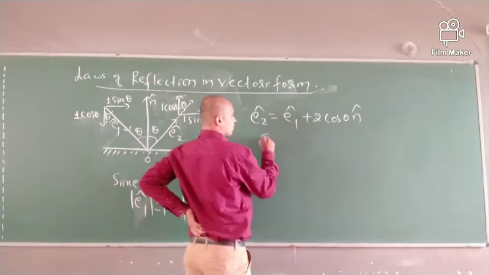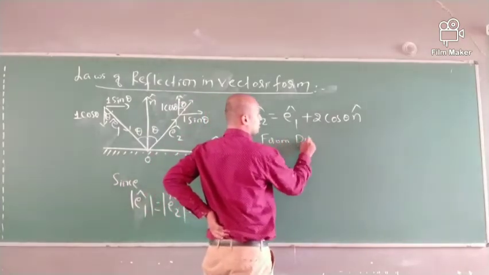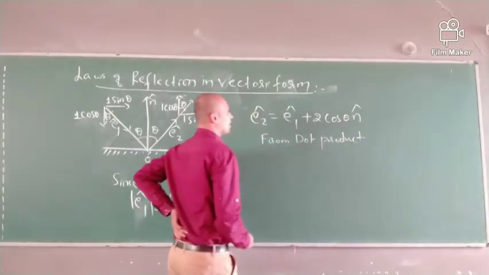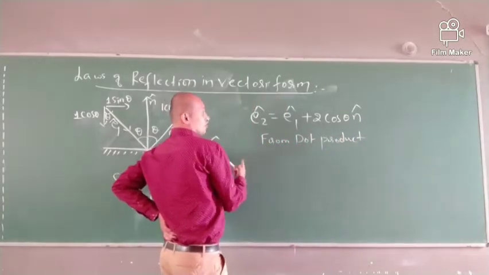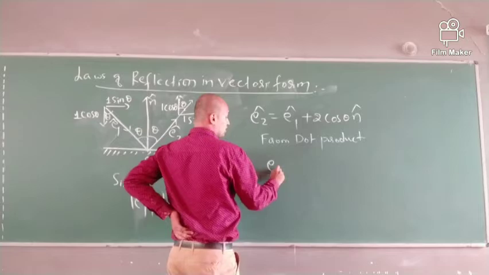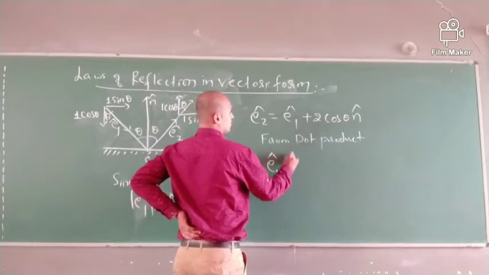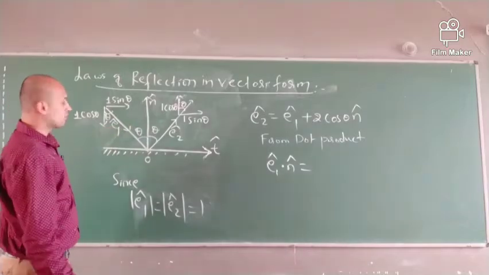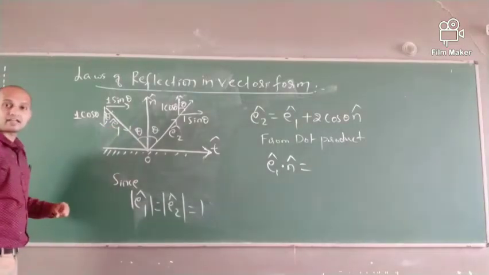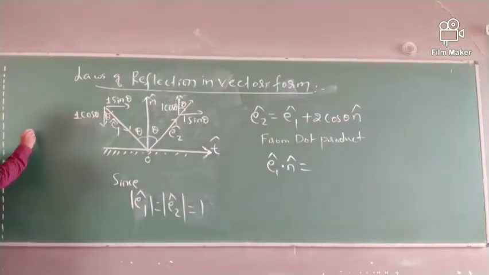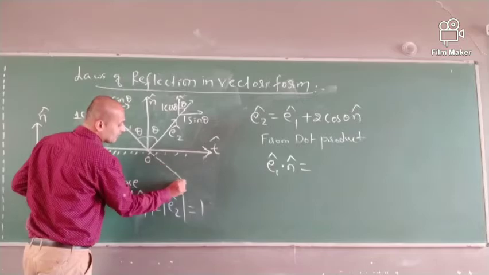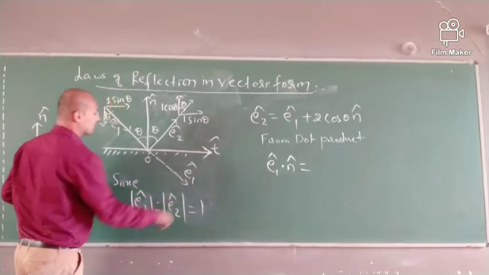So from the dot product E1 dot n cap. When I write E1 dot n cap, I will make another diagram. This is n cap, and here, if I extend this line, this is E1 cap.